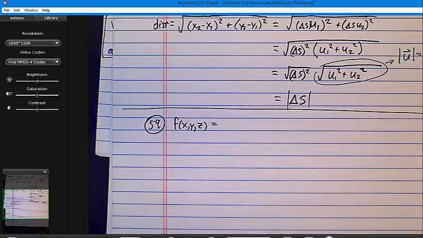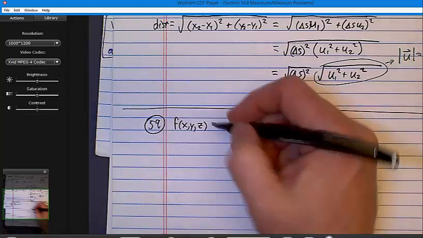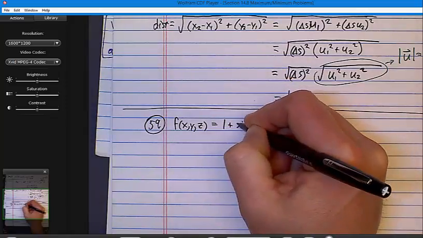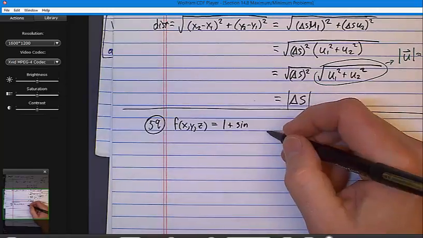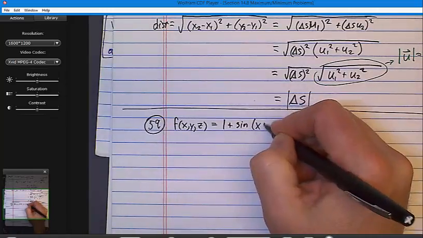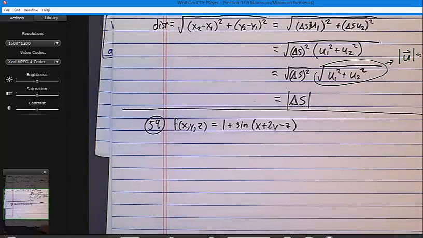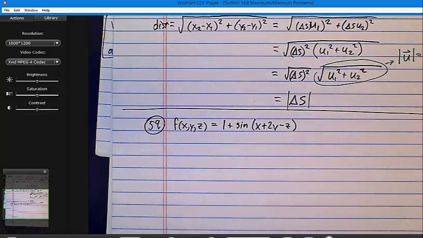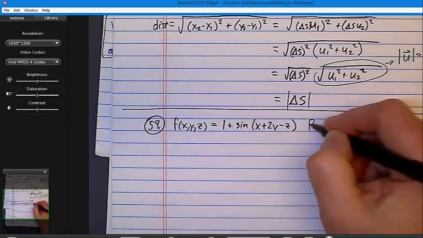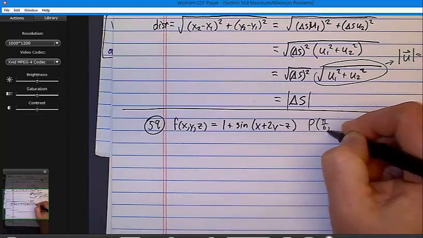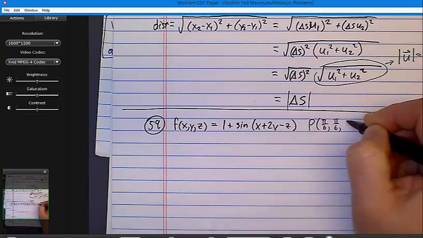So it says 1 plus the sine of x plus 2y minus z. And they say my point p of pi over 6, pi over 6, pi over 6, right?